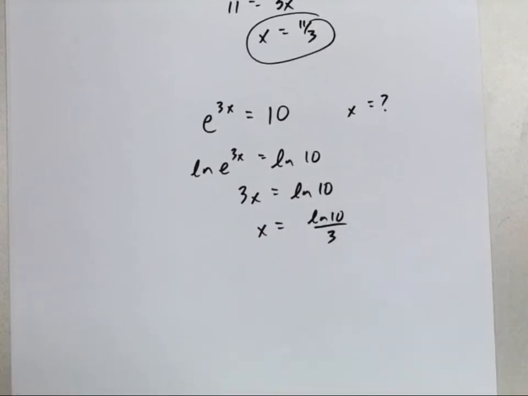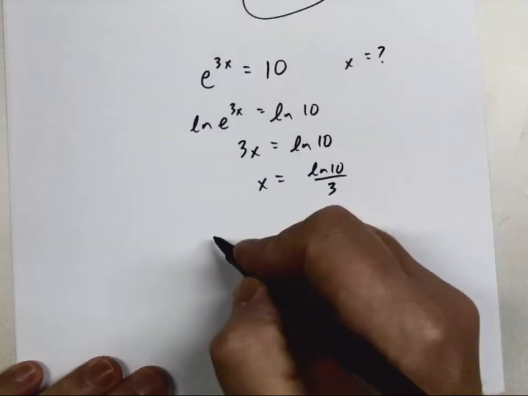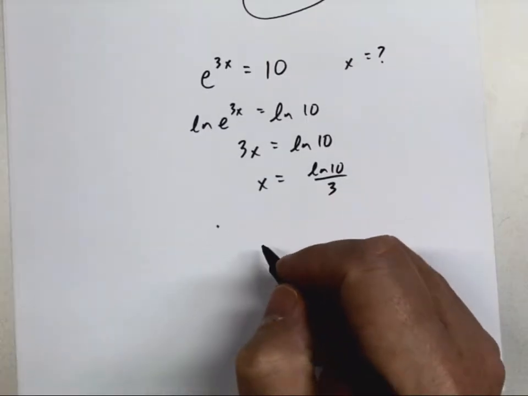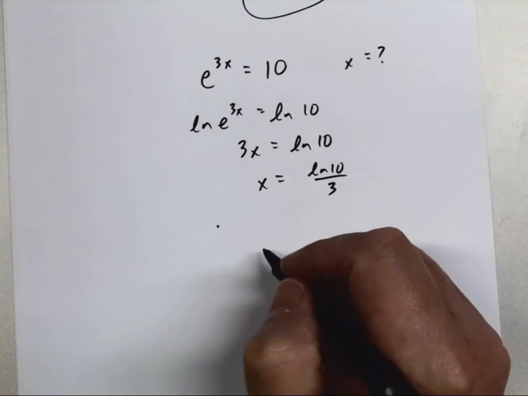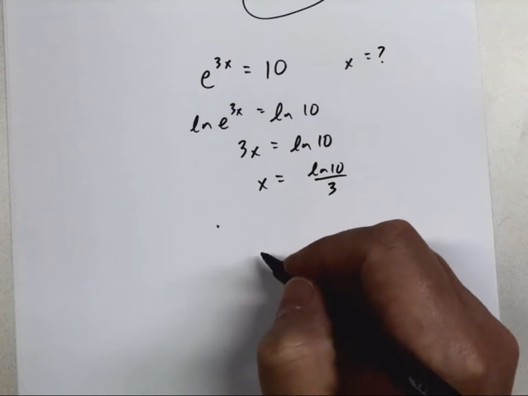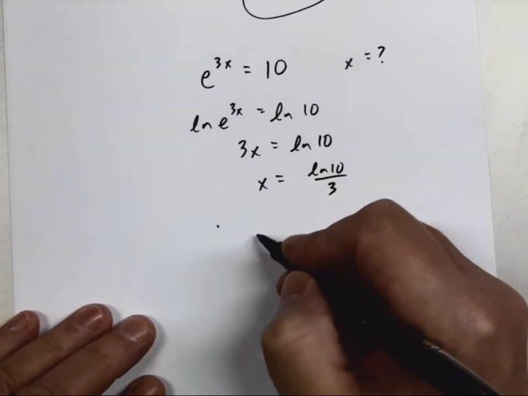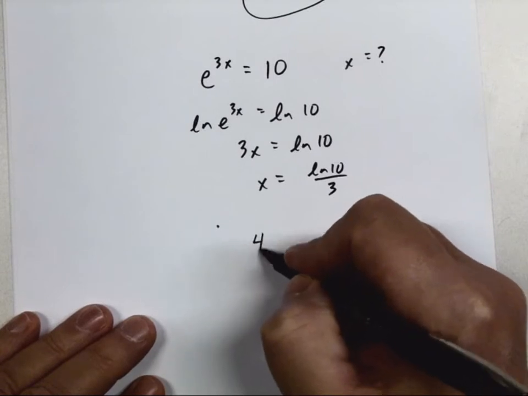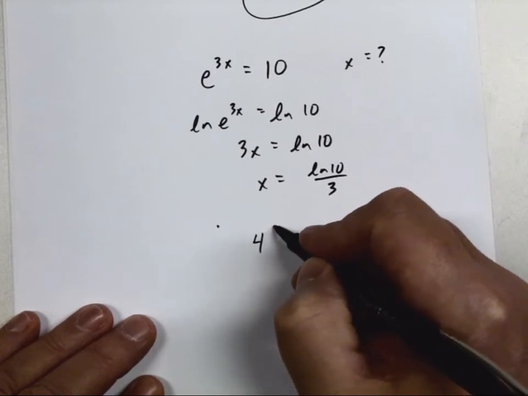But this is a number, natural log of 10 over 3. How about, I'm going to make a problem up here.